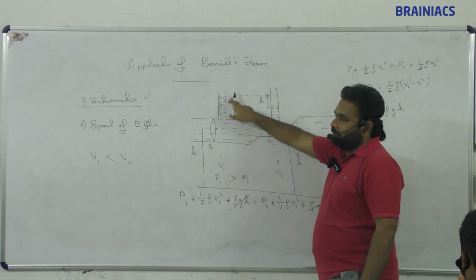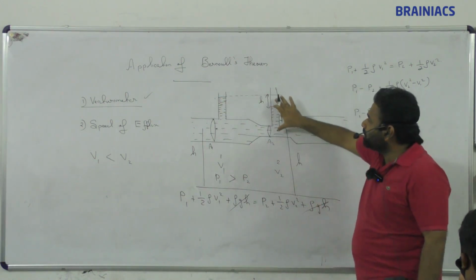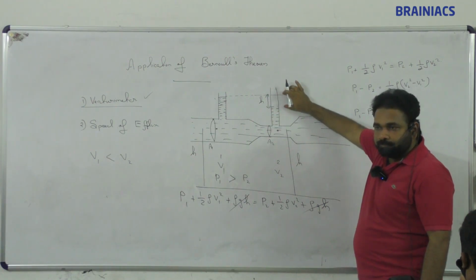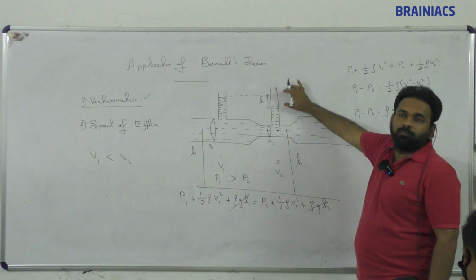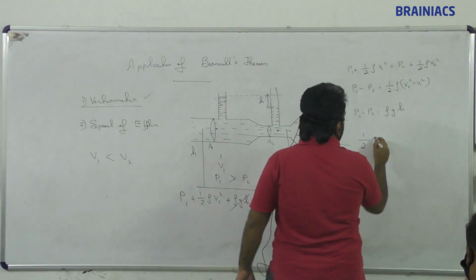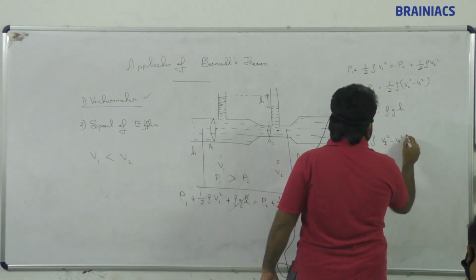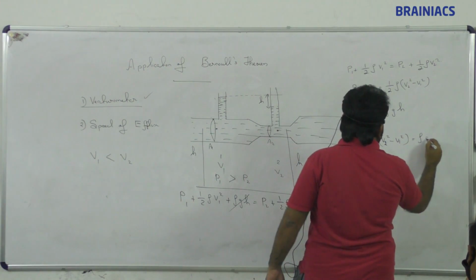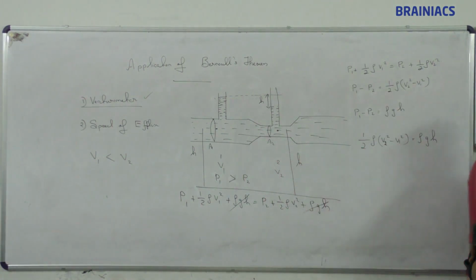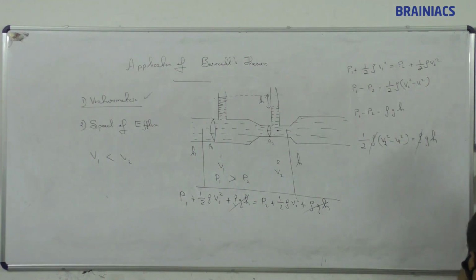The difference between the pressure of this place and this point will be only H rho G. Correct or what? So I am getting half rho V2 square minus V1 square is equal to rho G H.